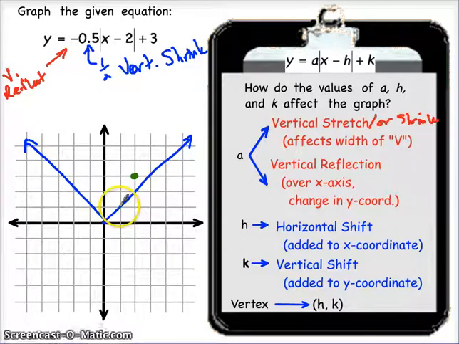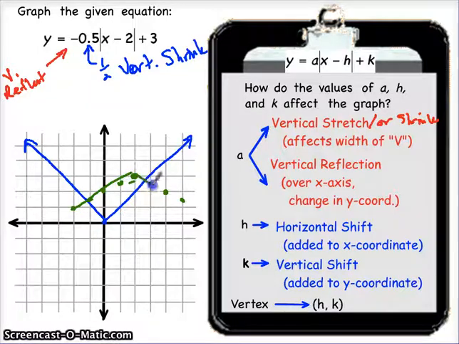So where I would have moved a half a unit up, but actually a half unit down instead, I'm now going to shift that point up 3 units and right 2 units. So it's essentially going to create a slope that's half as large, like we talked about before, but also traveling downwards.